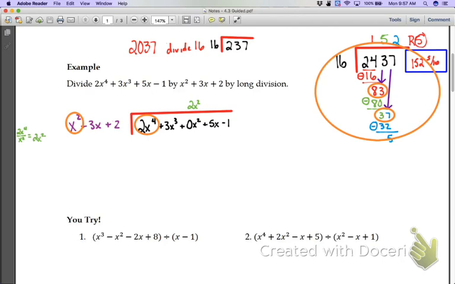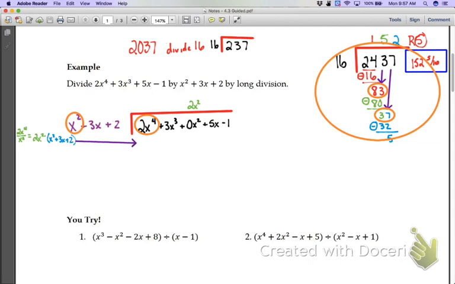Now, all I'm going to do with this 2x squared, and this is why I basically write everything out to the side, is multiply it by x squared plus 3x plus 2. Just like I multiplied 1 times 16 and got the 16 underneath the 24, it's the same idea. Whatever I get there, I put right underneath.